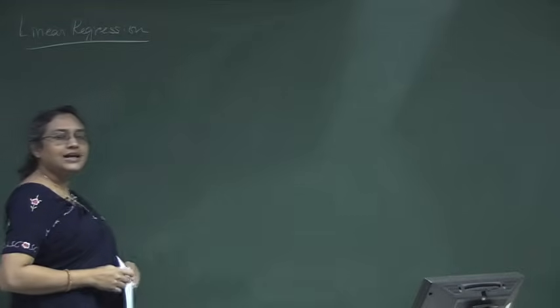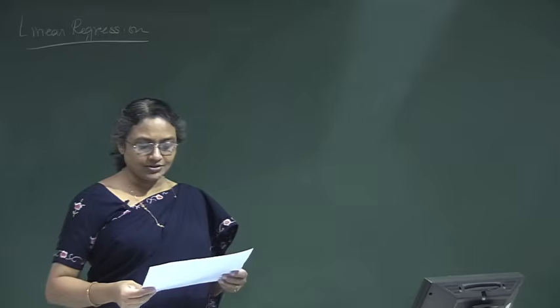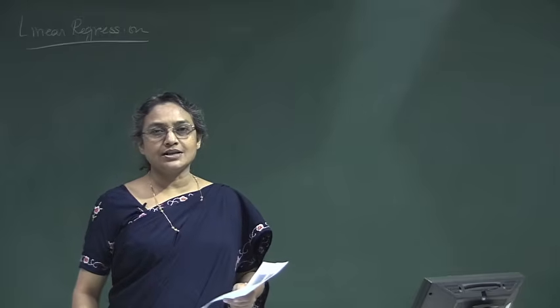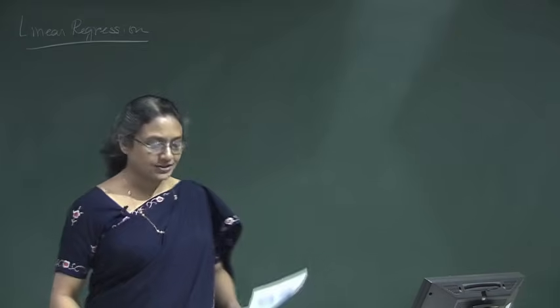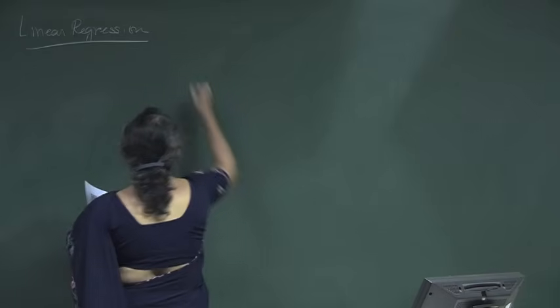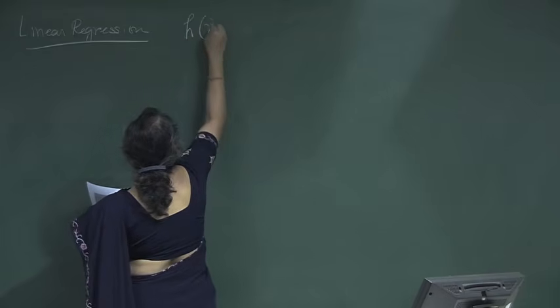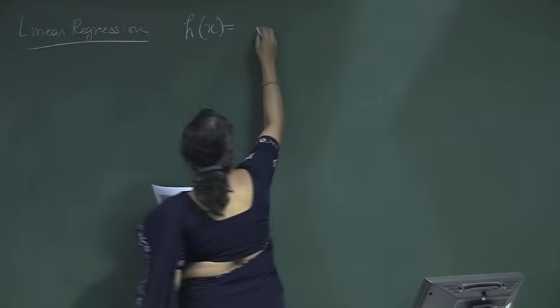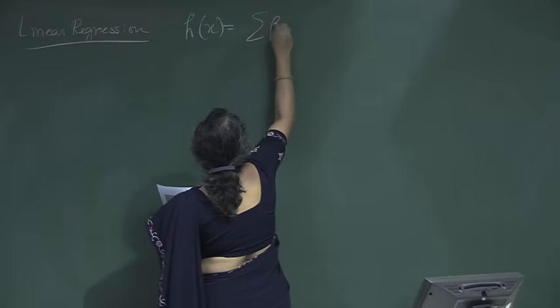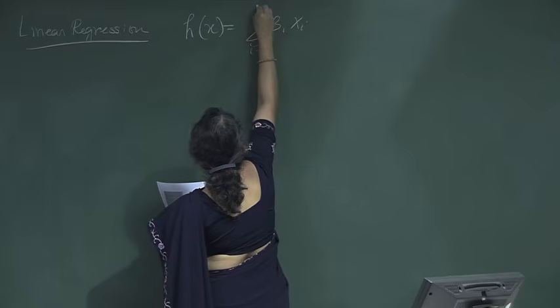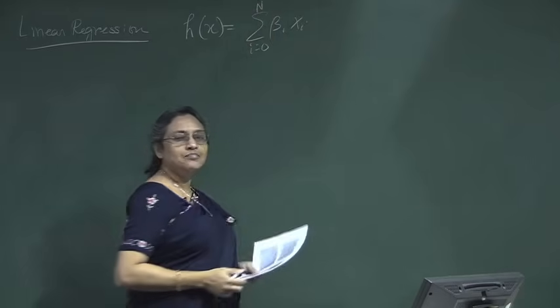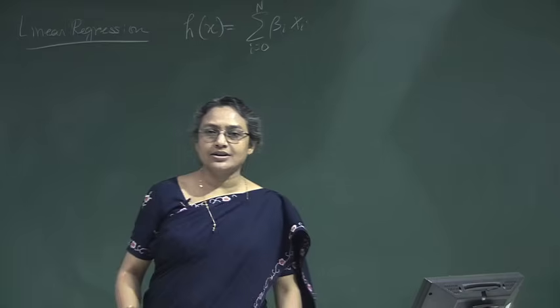But if you have a classification problem, you cannot use linear regression. We want to see what is the simplest way in which we can handle a classification problem. In linear regression, we had our hypothesis function h(x) as the sum of beta_i x_i, for i equal to 0 to n, where n is the number of predictors or variables.